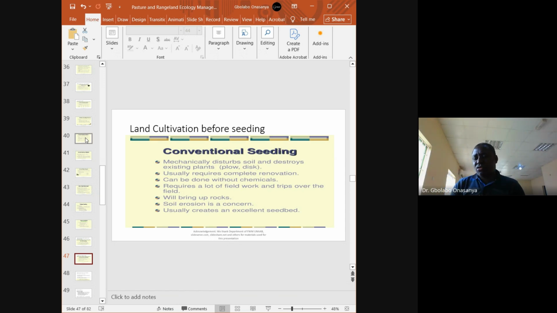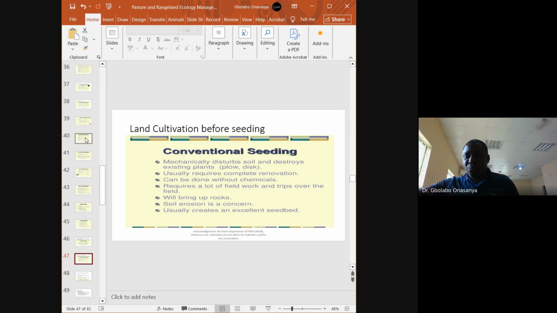But this has an advantage. It provides an enabling bed, a soft bed for our seed to grow. It removes stumps, because if we do land clearing, then we do plowing, we do harrowing, we pulverize the soil.